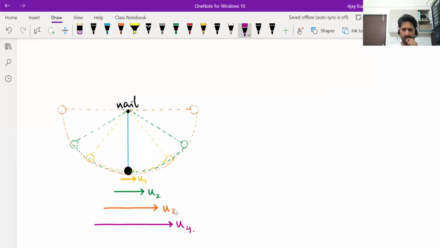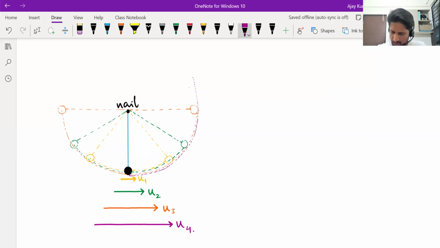It will cover extra distance. It will go to a greater height, some height greater than the horizontal position. Okay. Let's assume it swings all the way till here.